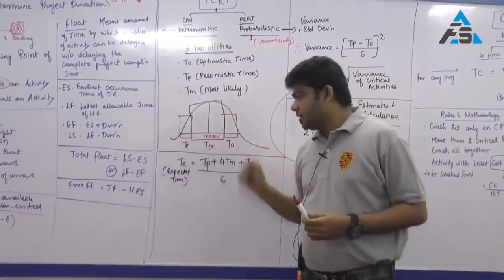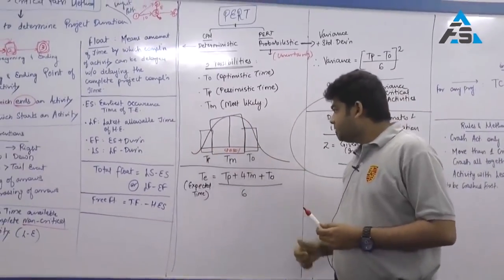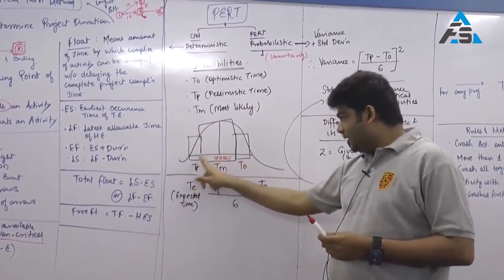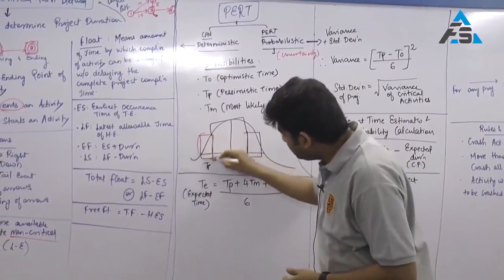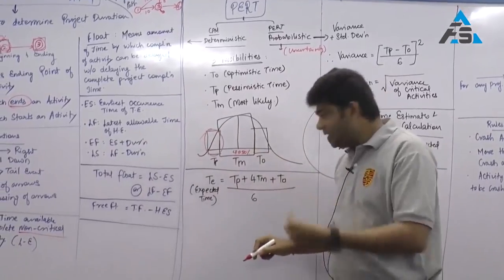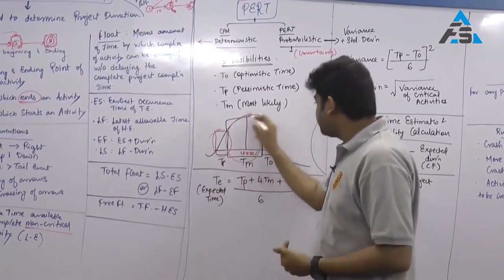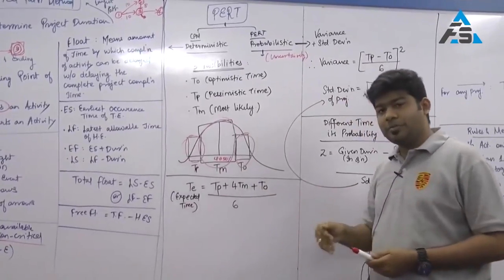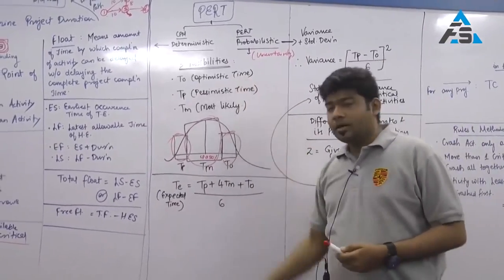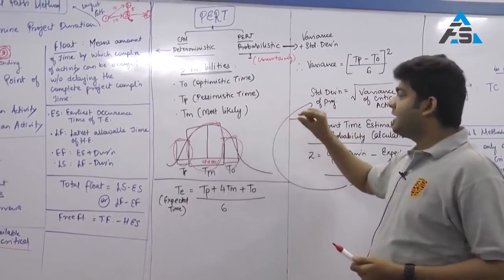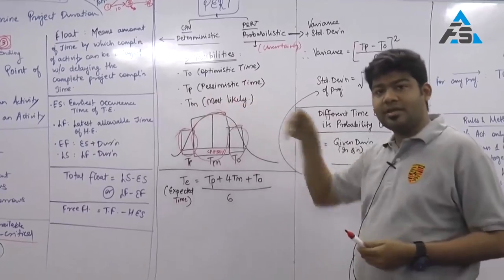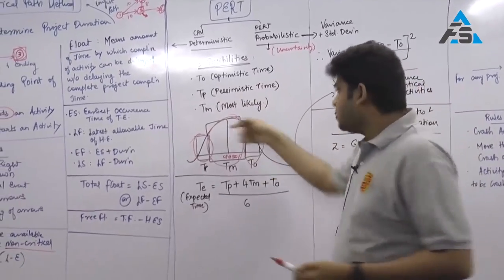If you see this diagram out here, the probability distribution, normal distribution table, this part will be your TP, this major part will be your TM, and this part will be your TO. Obviously optimistic time is the best time that I can complete in. Pessimistic time is the latest I can complete that activity, and TM, most likely, is what is the best chance that I will be completing.